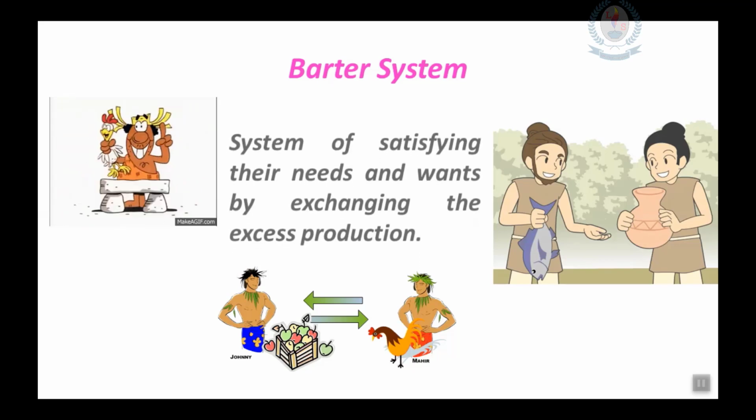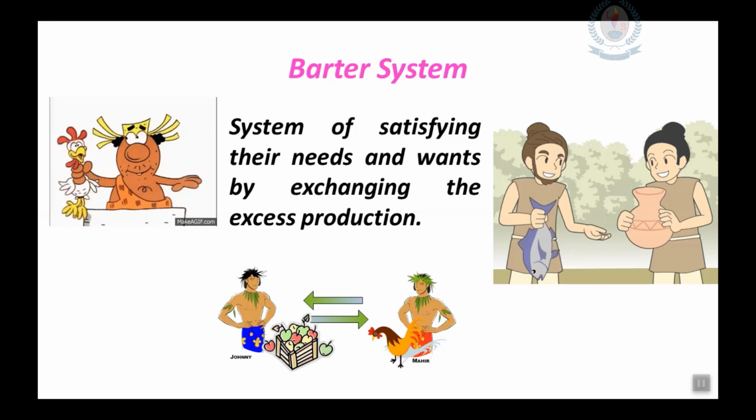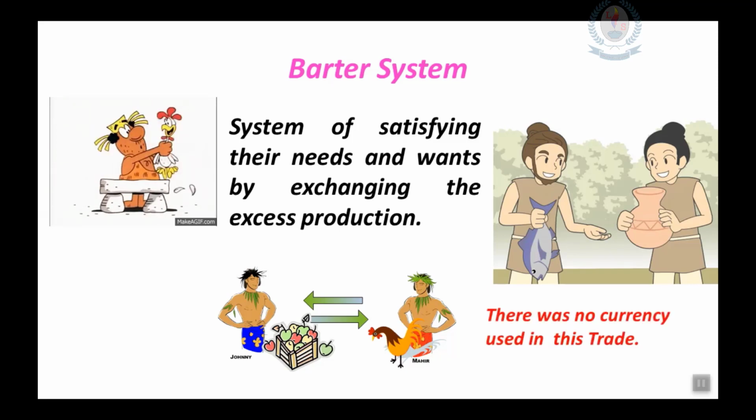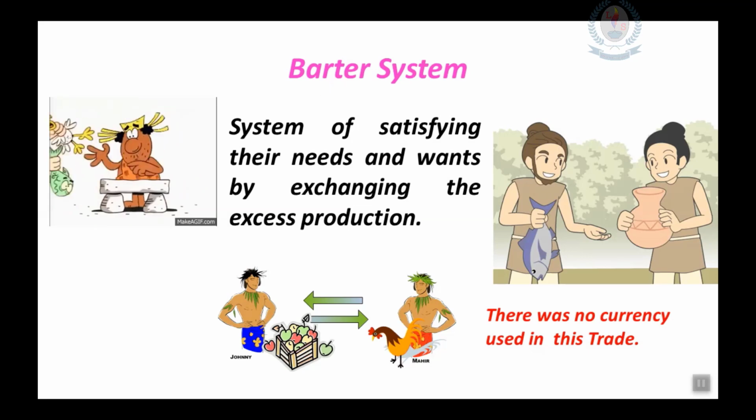So, different parties exchanging products is known as the barter system. What is the barter system? The system of satisfying their needs and wants by exchanging the excess production. Here the very important thing is that there was no currency used in this trade. They are exchanging things for another.